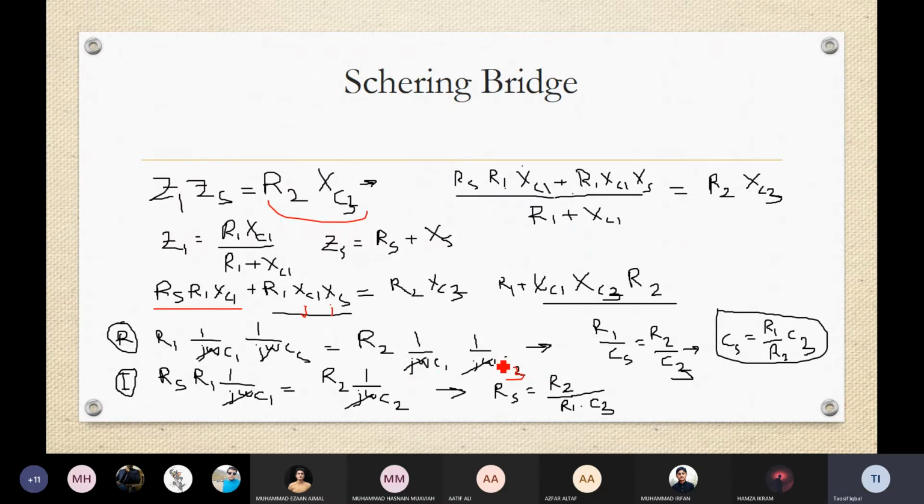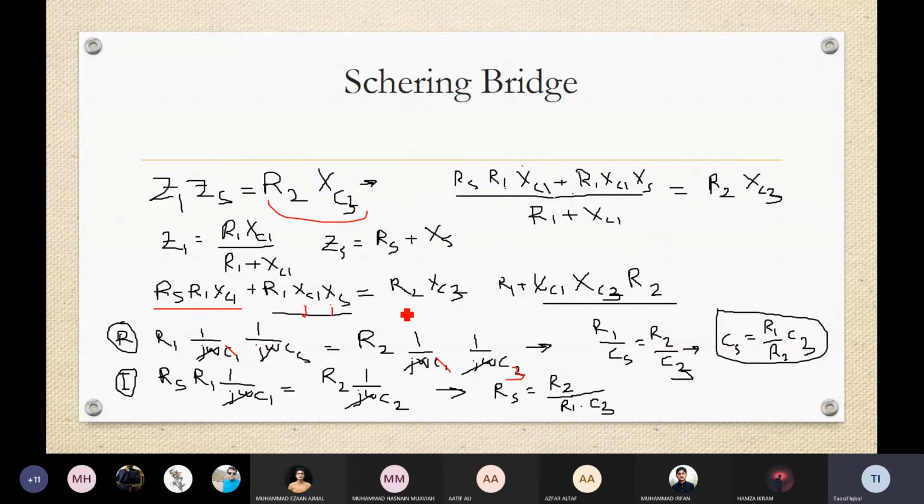So now we can cancel out the j omegas because they exist on both sides, and also the C1 is cancelled out. So we will get the real component as R1 divided by CS equal to R2 divided by C3. So therefore we can find the value of CS as R1 by R2 into C3.